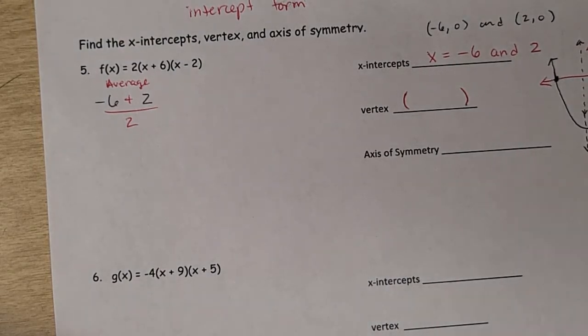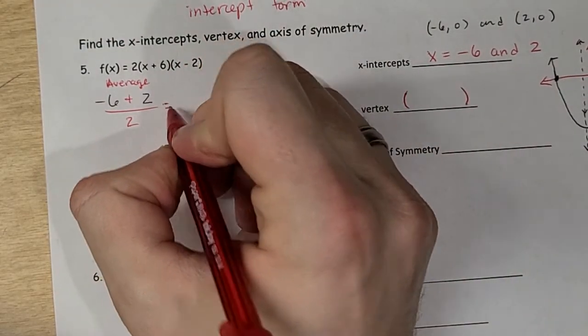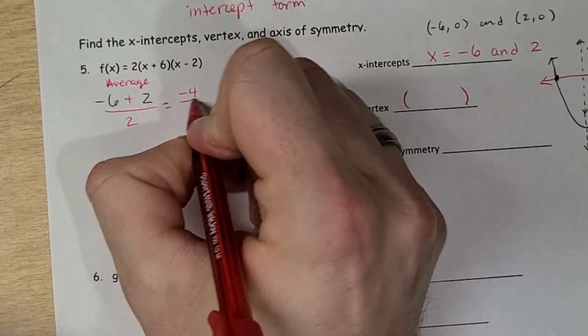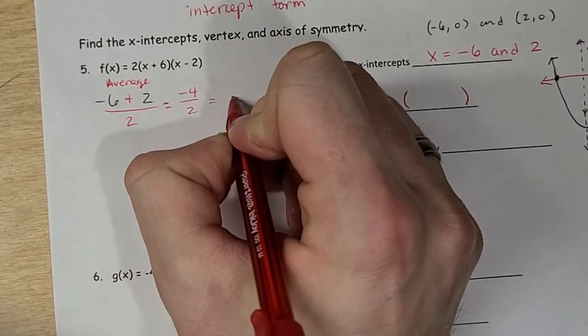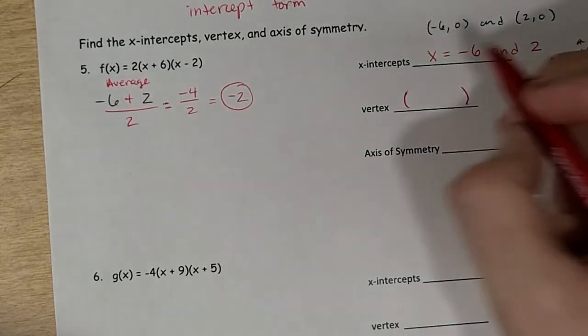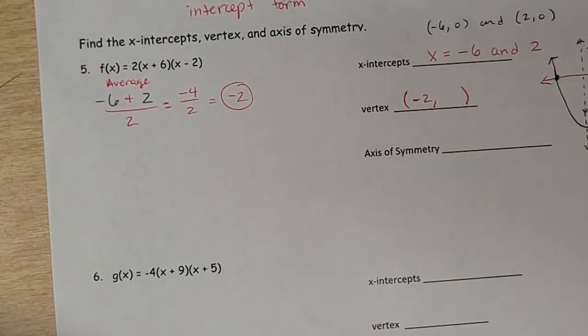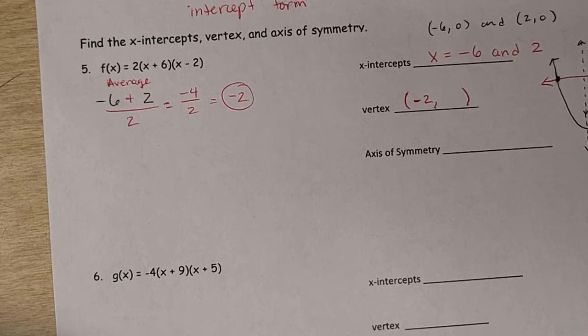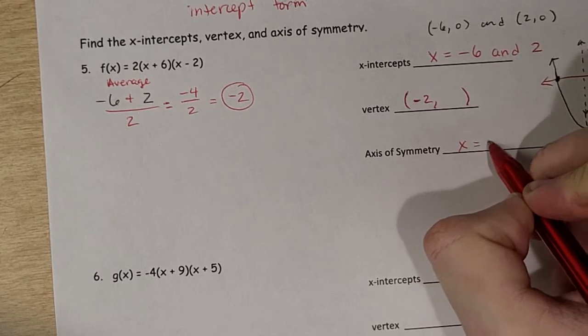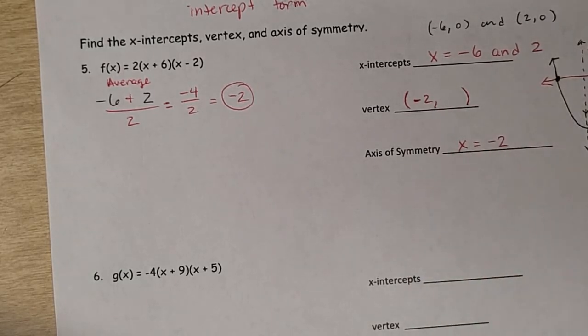That finds the average, or the exact middle. So -6 plus 2 is -4, and -4 divided by 2 is a -2, meaning that is the x portion of my vertex. Okay? That's also the axis of symmetry. Don't forget, axis of symmetry is just the x part of your vertex.